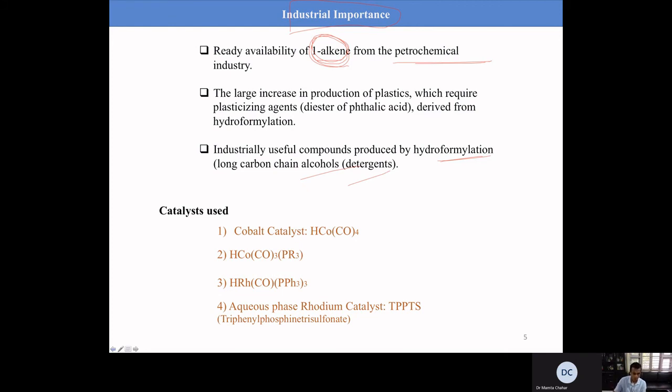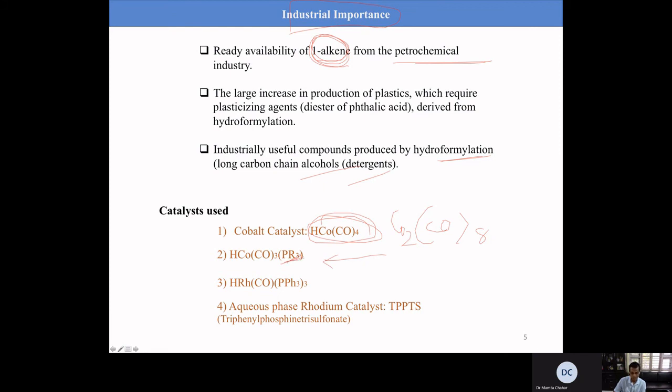Anyway, the most often used or most important species is this cobalt HCo(CO)4, which is prepared from the Co2(CO)8. And then there are other catalysts such as this phosphine catalyst, which is quite important and critical.